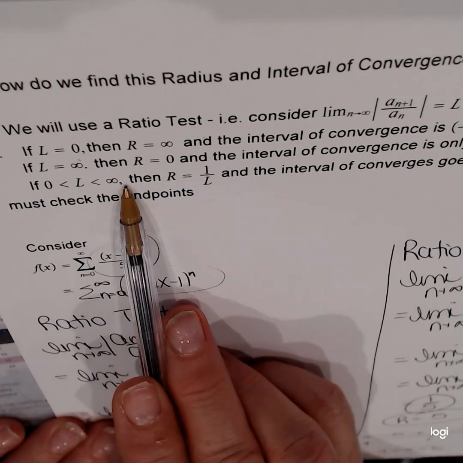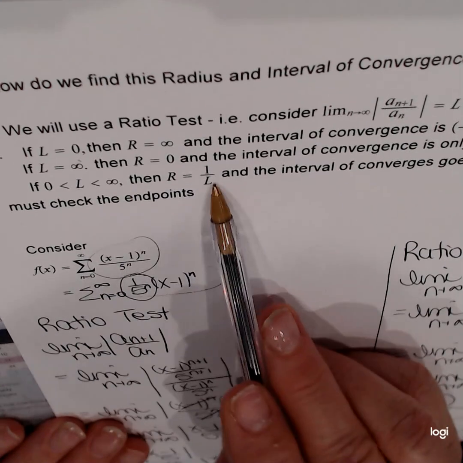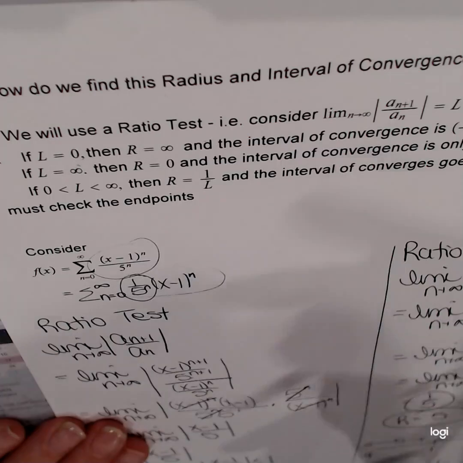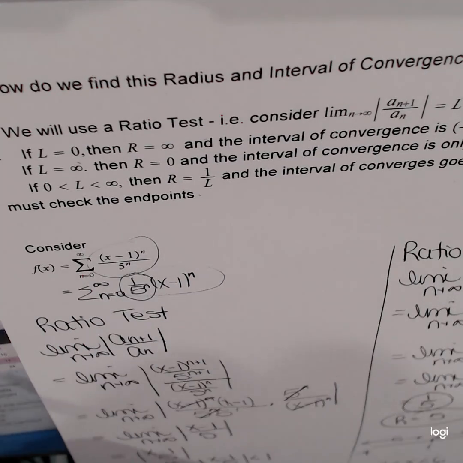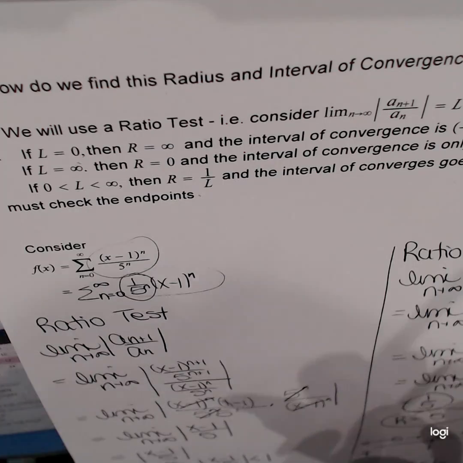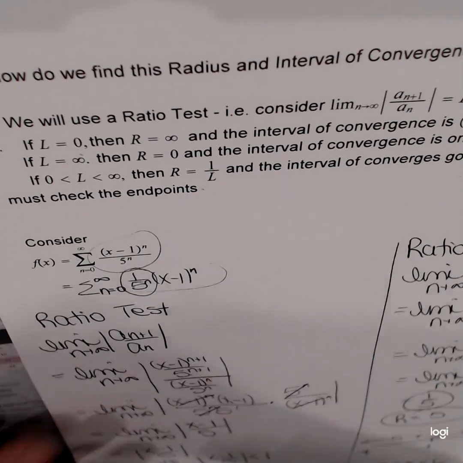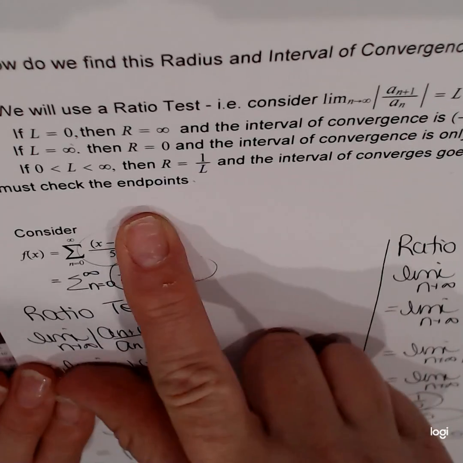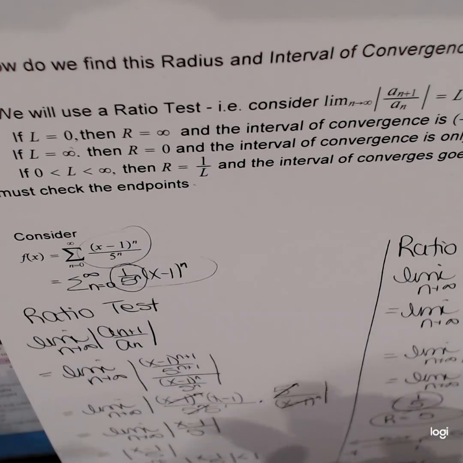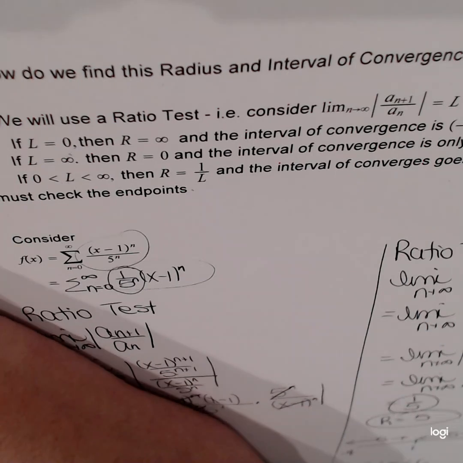If you get any other value in between, your radius of convergence is the inverse of whatever you just got, and then you just go out that many units on each side of your center to determine your interval of convergence. Again, that's not checking the endpoints, and that's something we're going to need to do, but I'll get us there with our next video and some more examples.